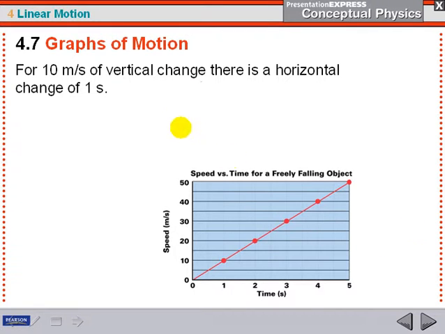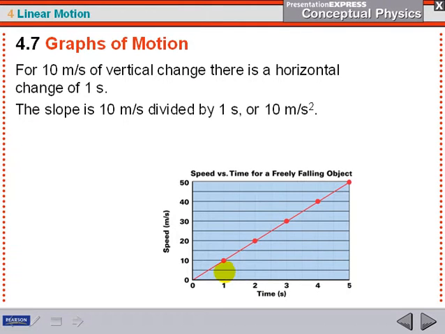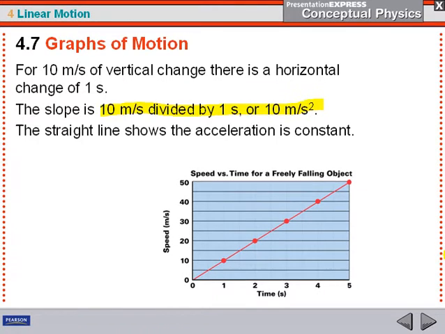So for every 10 meters per second of vertical change, you only have a change of 1 second horizontally. So we divide 10 meters per second by 1 second. What do we get? 10 meters per second squared, which is the acceleration due to gravity.